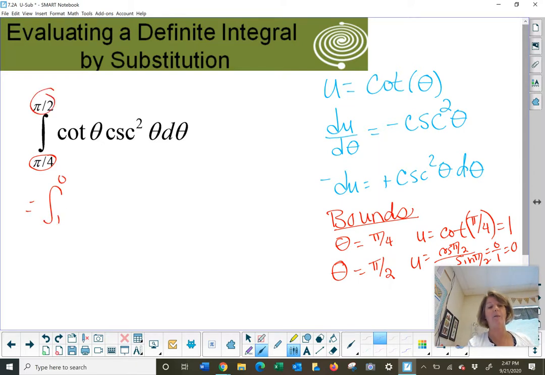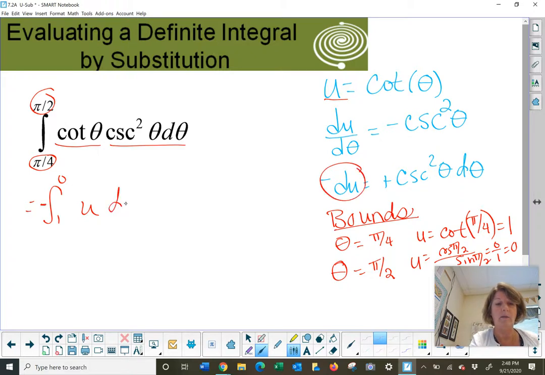Do you see a problem? Yeah, we're going to have to flip that integral over. We'll deal with it in a moment. I was letting my cotan be my u. The cosecant squared theta d theta is a negative du. Now for the flip over, this becomes a positive integral 0 to 1 of u du.